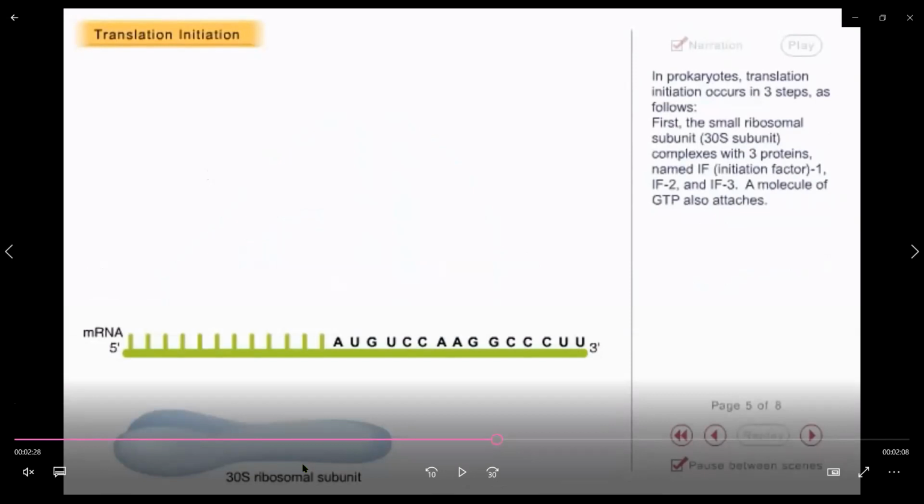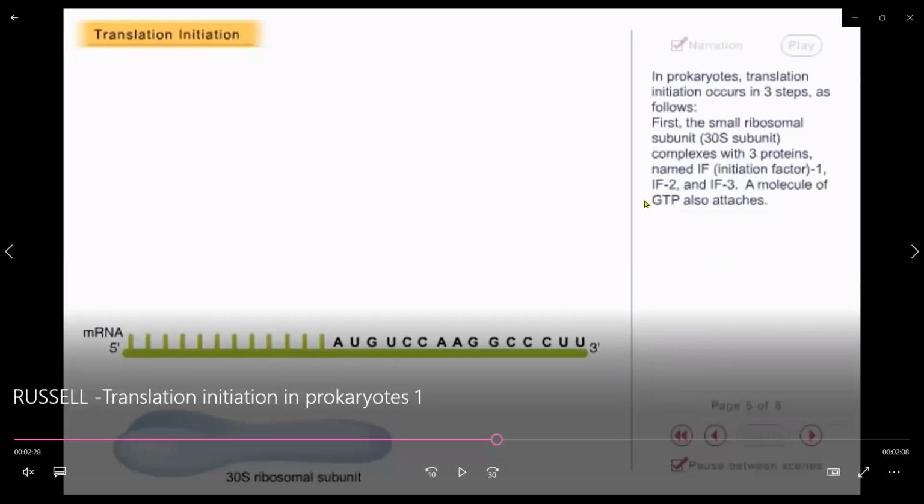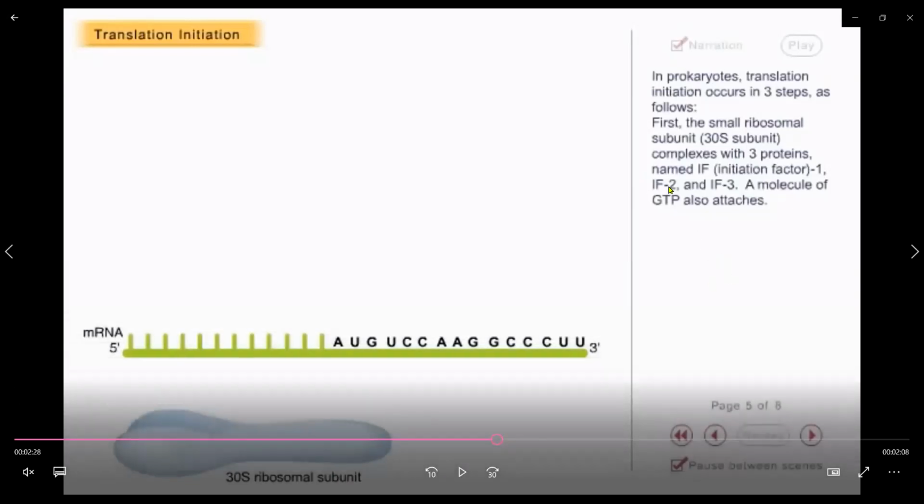Initiation factor 2, in fact, can bind with GTP, and it is the breakdown of the GTP that provides transient energy for the process to start on. IF2 is a GTPase, that means it can bind to a GTP molecule and its functional efficacy is enhanced when that GTP is broken down to give GDP and release of phosphate.